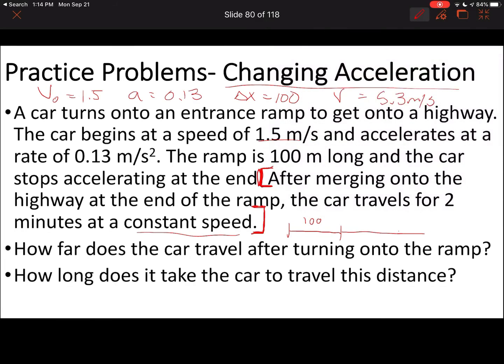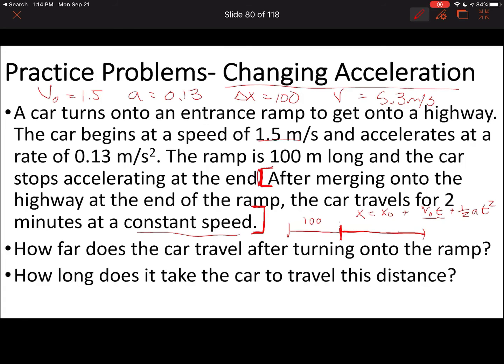Notice we actually still could use, during this time, the second kinematic equation: x is equal to x naught plus v naught t plus 1/2 a t squared. For this second part, we are starting at a position of 100. We have an initial velocity of 5.3.